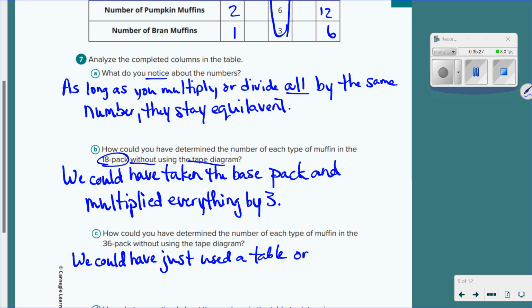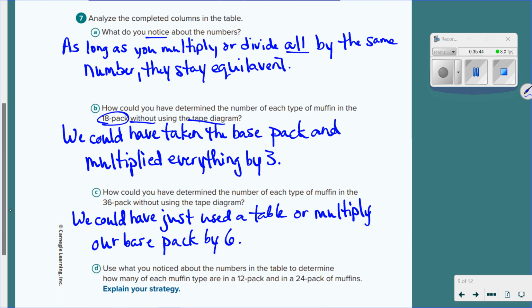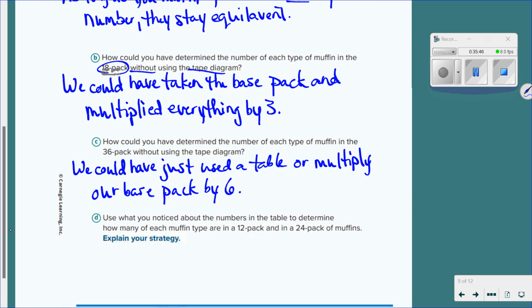Or actually, going back to our base, multiply our base by 6. So if you multiply every number in the base pack by 6, you'll still get to that end result.